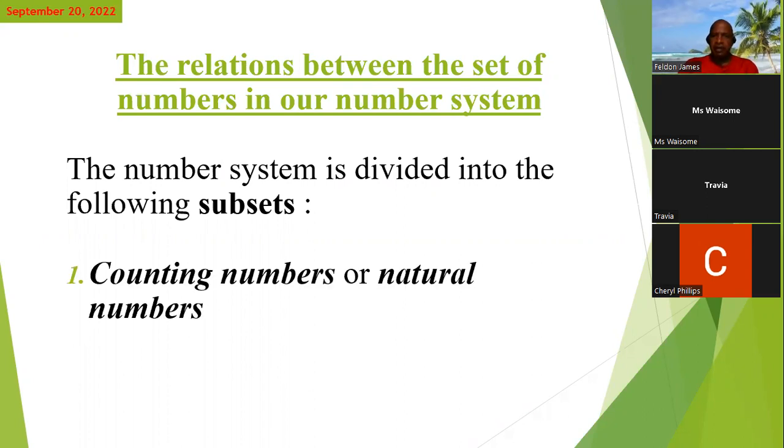Now we have, one, counting or natural numbers. I'm going to discuss them as we go along. Why do we call these counting or natural numbers? Can anybody give me any reason why we call them counting or natural numbers? They are alternate numbers.